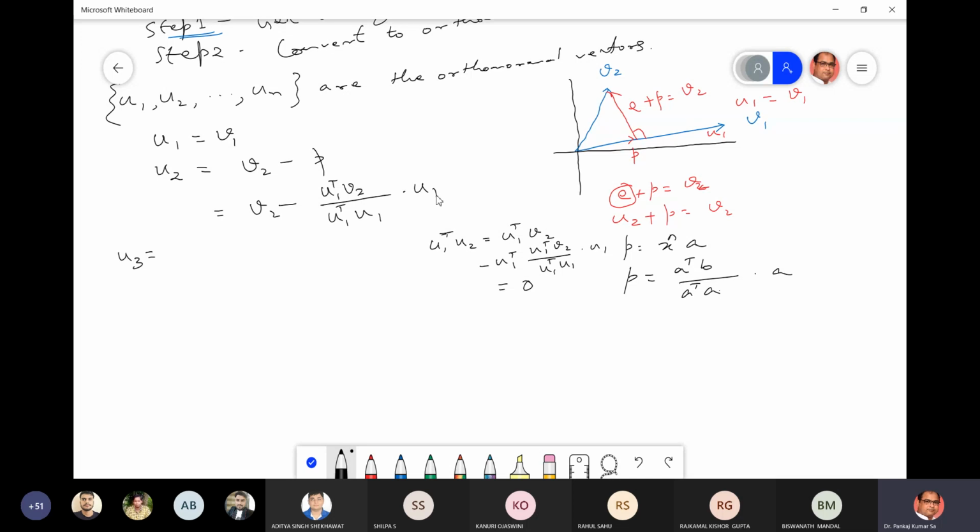Now U3 has to be found in a similar fashion, that is V3 minus some term related to U1 and some term related to U2. Then only we can find U3.